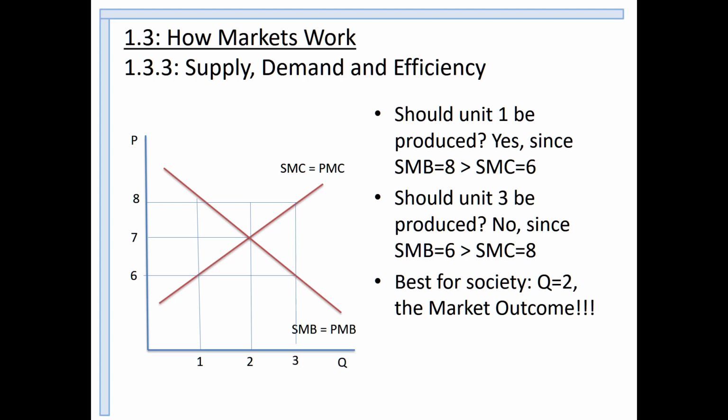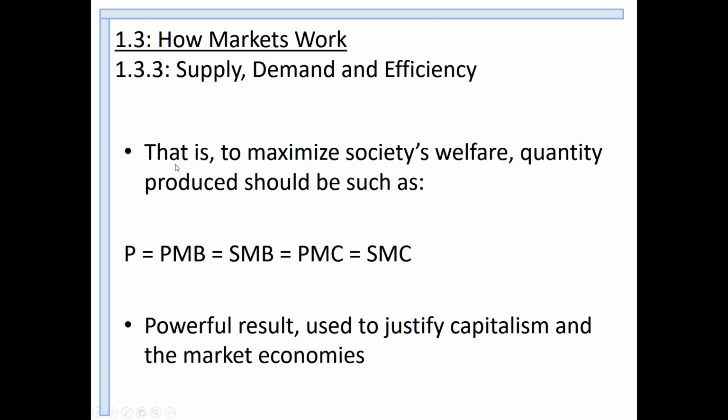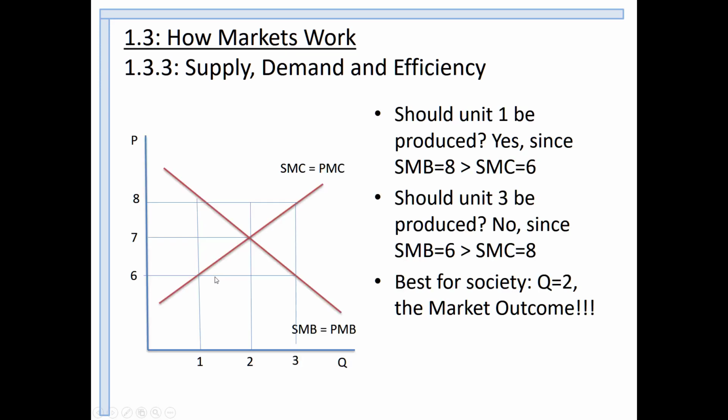So, as it turns out, producing up to 2,000 here is not only the best outcome for society, it's also the market outcome. Those two coincide in this case. That is, to maximize society's welfare, quantity produced should be such that price equals private marginal benefit. That's always going to be the case.